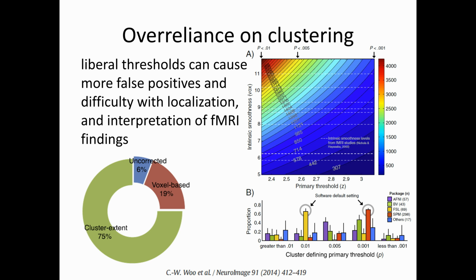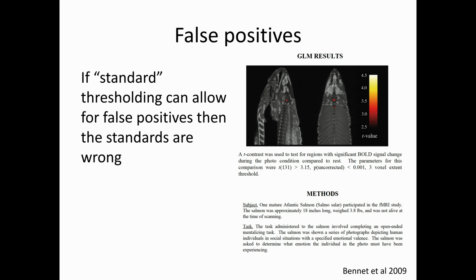You won't be able to localize things, and you won't be able to interpret the findings very easily. And so they pushed for moving up that voxel-based p-value to a higher threshold, at least 0.005, maybe 0.001, so that you're reducing that chance of false positives and you're localizing your areas better.